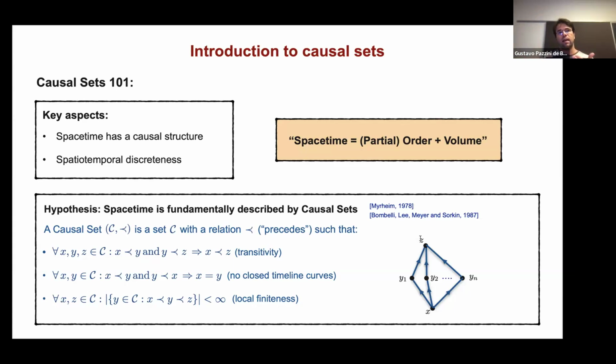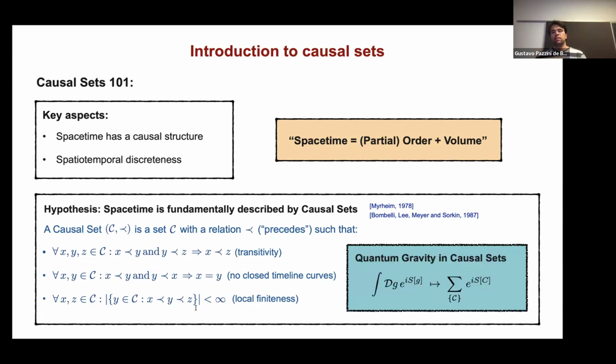The number of points between x and z needs to be finite. And this is basically what imposes local finiteness in the theory, or in other words, this is the requirement of discreteness in the theory. Okay?